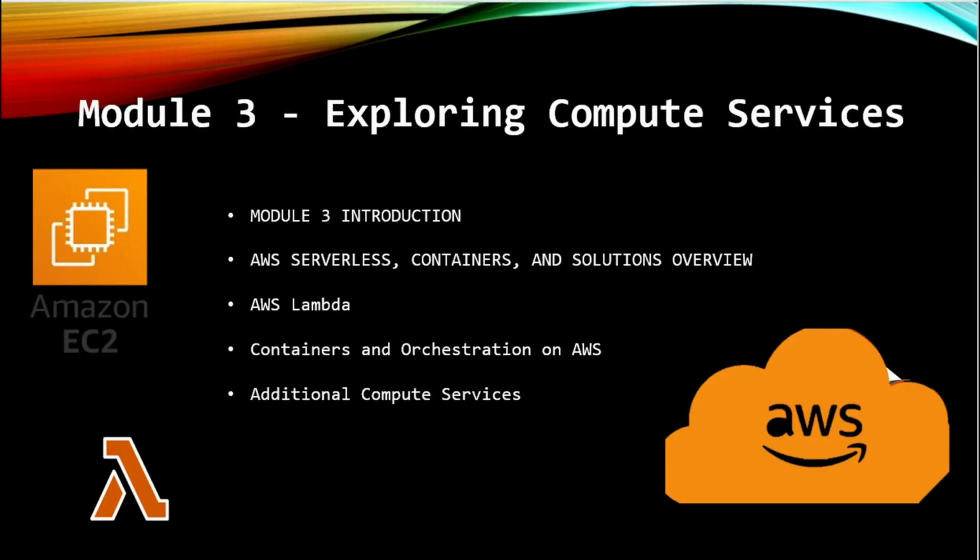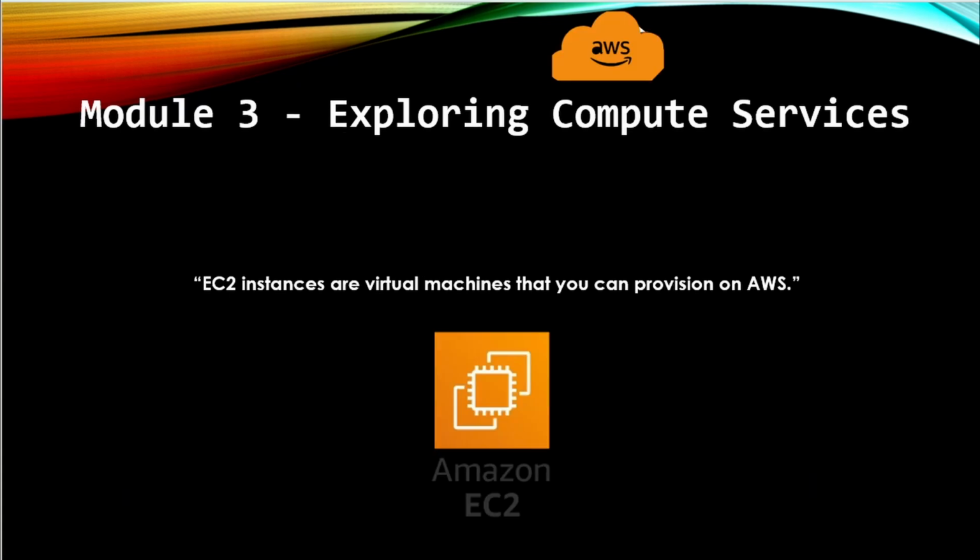Welcome back. Module 3, Exploring Compute Services. At this point, we have learned how to use Amazon EC2 to provision compute resources in the cloud, and that's great. EC2 is one of the foundational services in AWS, and understanding how to use it is key. To quickly recap, EC2 instances are virtual machines that you can provision on AWS.